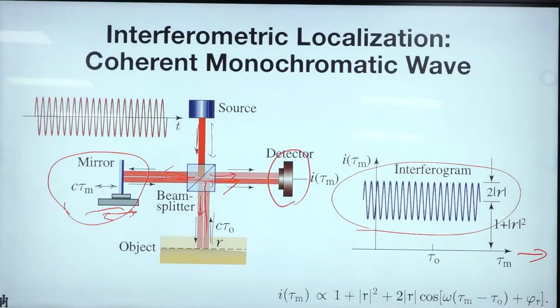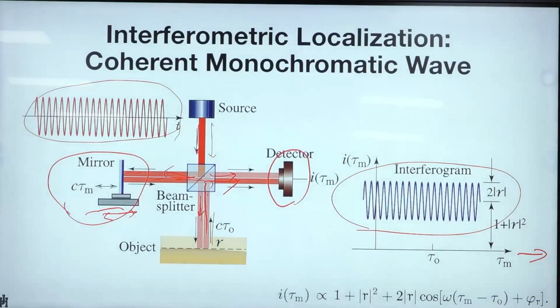It will have the same kind of shape as the light source. This is called an interferogram, or an interference pattern.